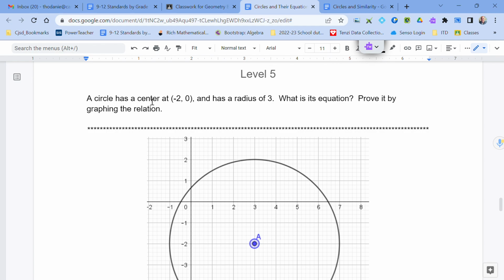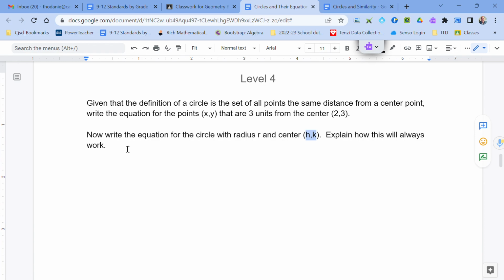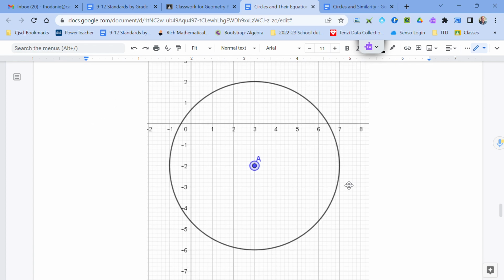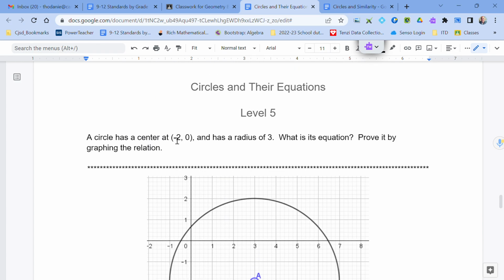So this one is just saying, at this level, since now we kind of understand, and you may not yet, because obviously you're just looking at this, if I have a center at -2, 0 and a radius of 3, and I need to get the equation, I'm going to use this formula in here. They're telling me the center is -2.